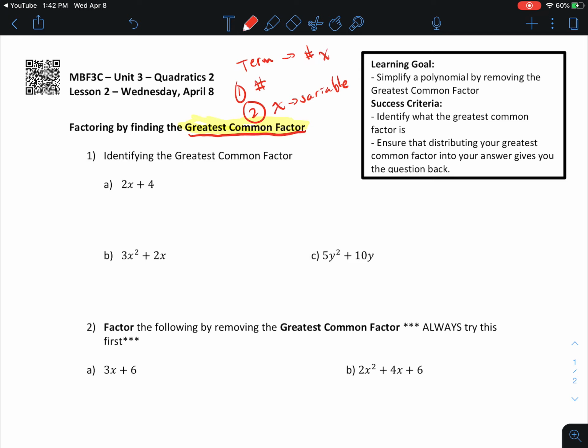So what I'm going to do here, in the first question, before we actually get to finding the greatest common factor, is show you the 2 pieces and then how they combine.